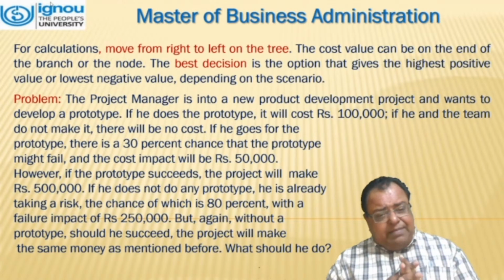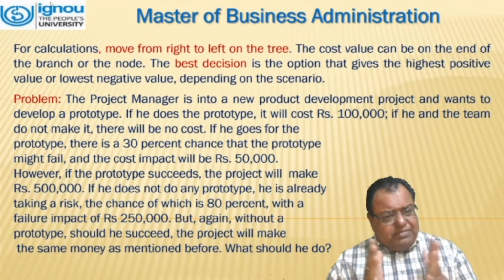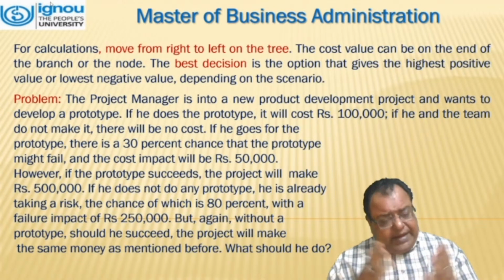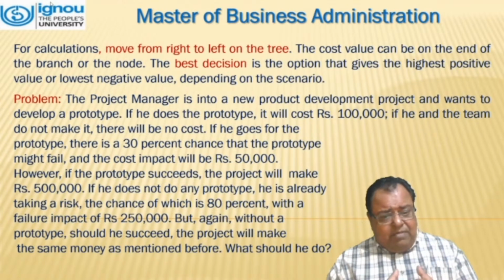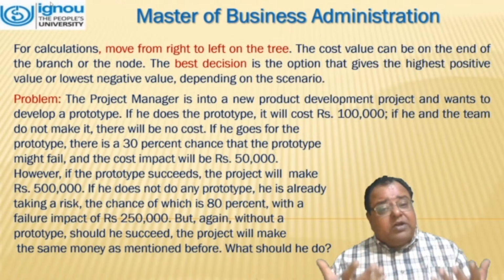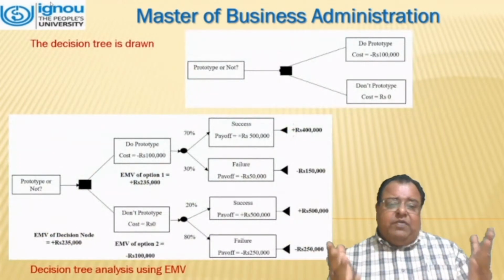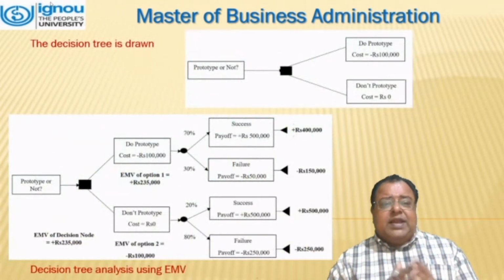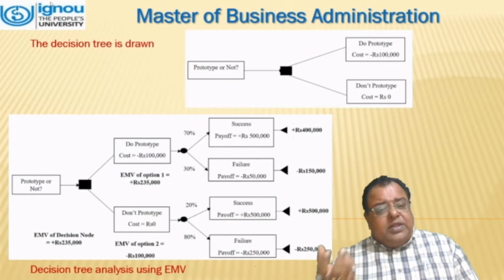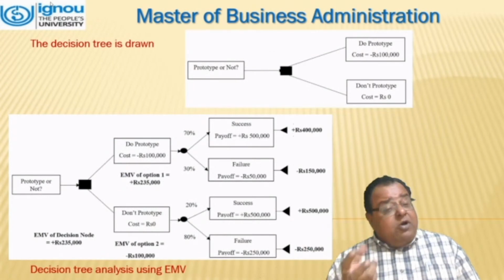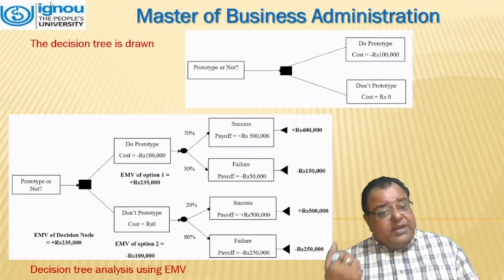Now, this is a basic complicated problem, no doubt, it can be treated as a practical problem. Now we have to analyze what we have to do. We will draw basically a decision tree. The question is to make a prototype or not to make it. If we make a prototype, then two things.